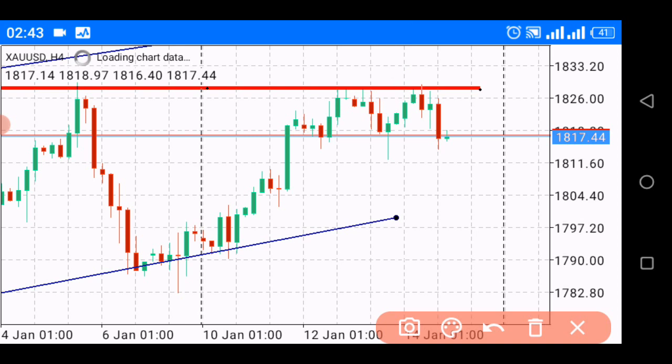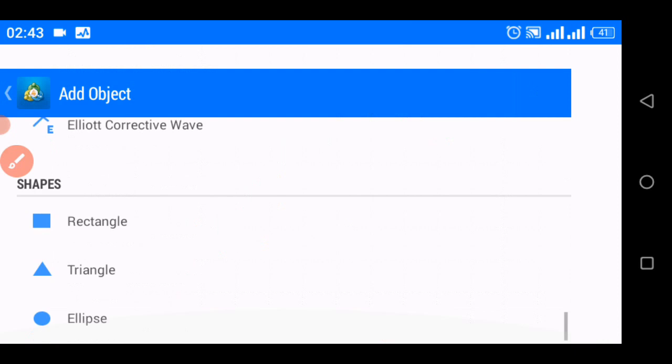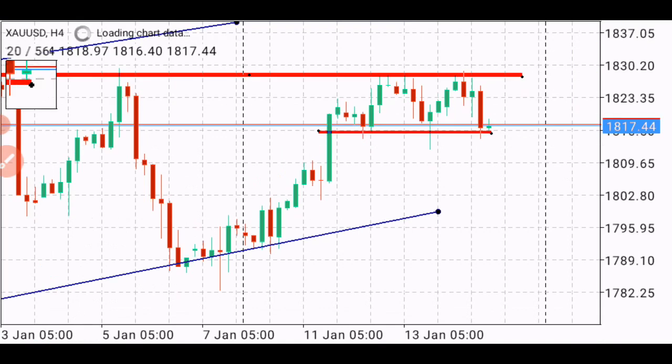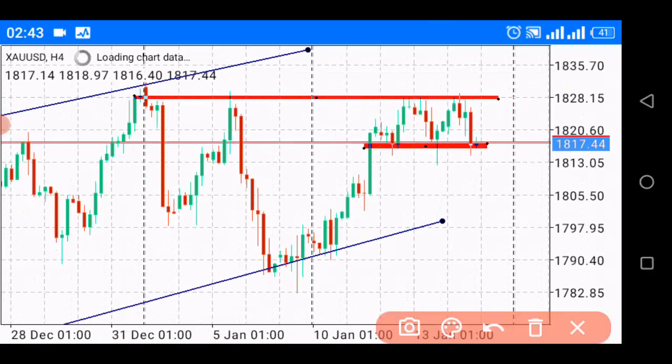I'm having a sell position on gold. The reason for me taking it is that, first, I have a turning point here, a resistance level. Again, I have a resistance level here.